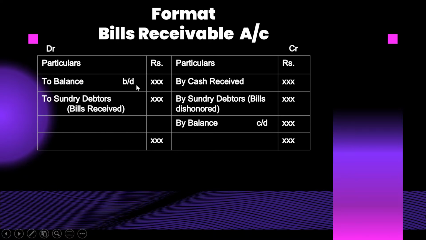So opening bills receivable, and when we start receiving cash from these bills receivable, that we will record on the credit side. And if these bills are dishonored, we will transfer to sundry debtors account. So we should write like this.